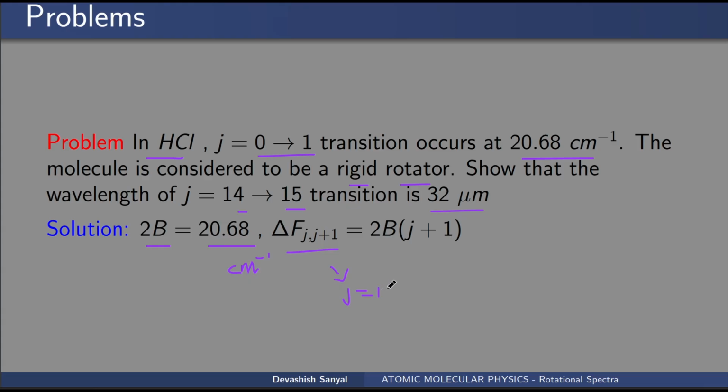Once we know this, the value of twice B we know, so from there we can calculate the inverse of the wavelength that is absorbed, and from there, by inverting it, we can calculate lambda. You have to find lambda, and it should come out to be 32 micrometer.